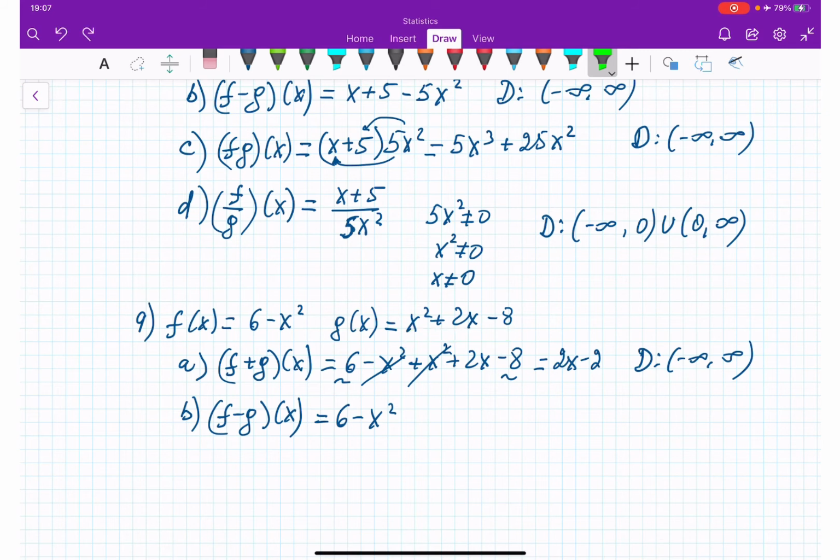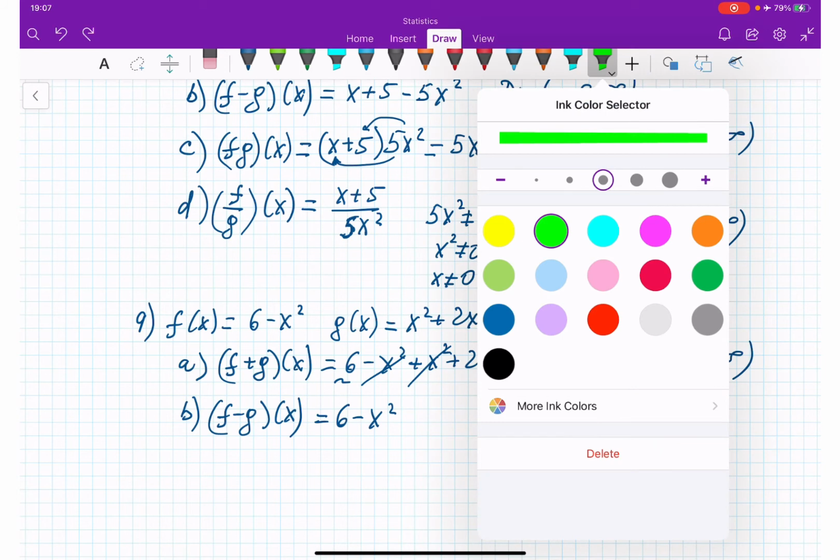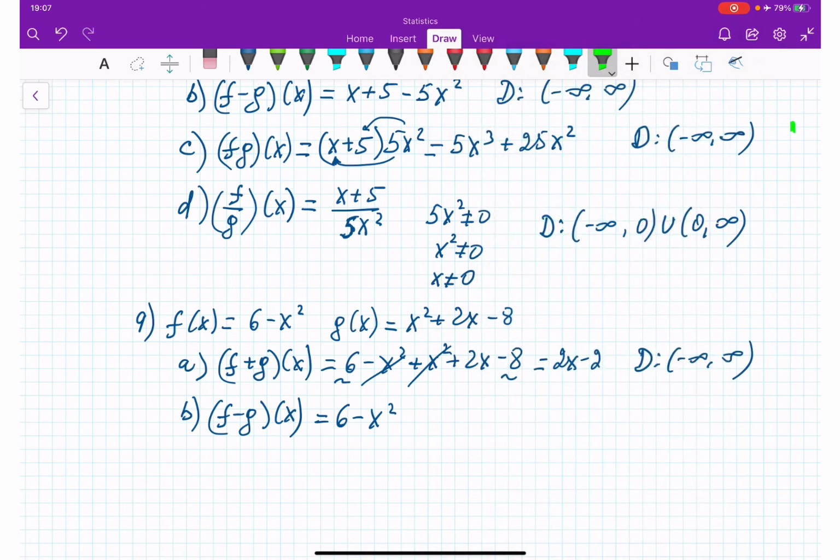Positive will become negative, negative will become positive. So x squared was positive, it will become negative; plus 2x will be minus 2x; minus 8 will become plus 8.